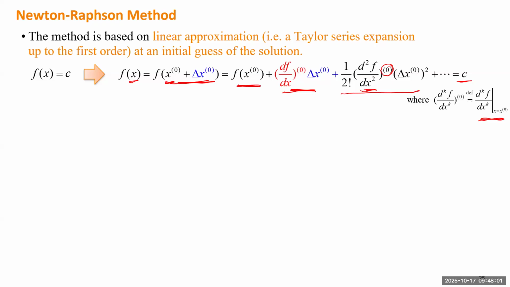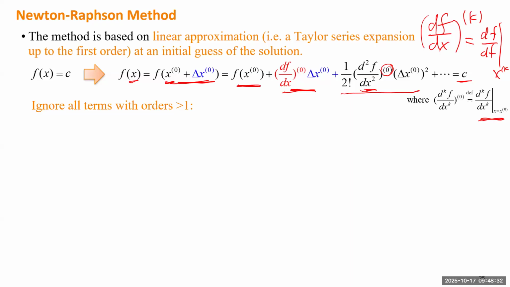So if I write anything like this one, this basically means taking the first order derivative of this function at the value after the k-th iteration. That's a notation I'm going to utilize for the rest of this section for the Newton-Raphson approach.